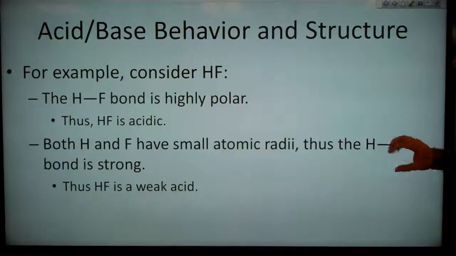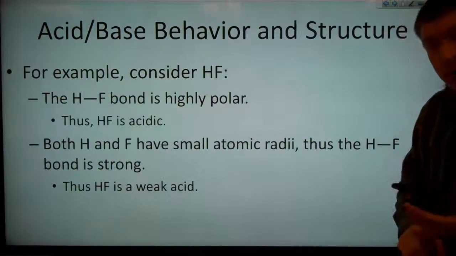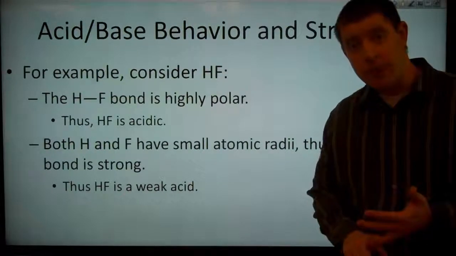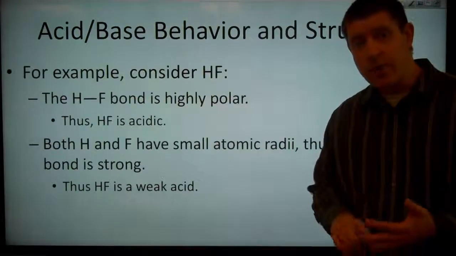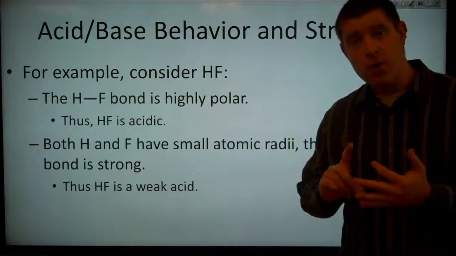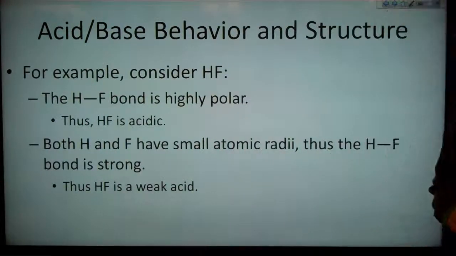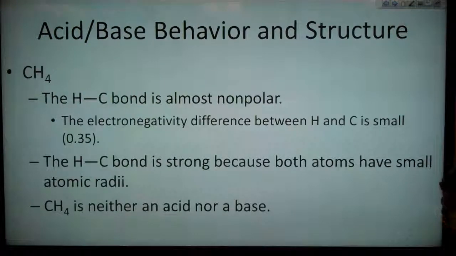That's because in order to undergo hydrogen bonding, you have to have a very electronegative atom, and it's got to be relatively small. So it only happens when you have a hydrogen atom bonded to a nitrogen, an oxygen, or a fluorine. That's it. So HF can undergo hydrogen bonding, and that means it's a weak acid. It's not a strong acid.